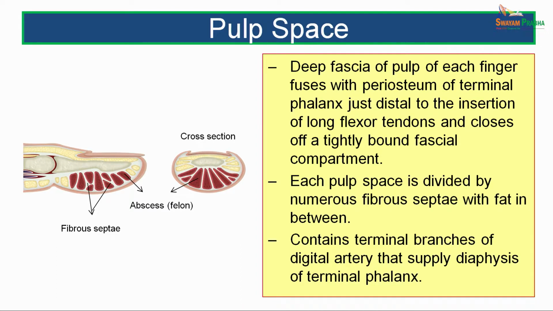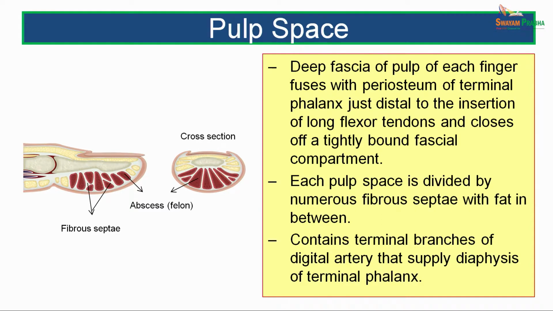So, the deep fascia of the pulp of each finger will fuse with the periosteum of the terminal or the distal phalanx just distal to the insertion of the long flexor tendons, and thus it closes off a tightly bound fascial compartment which is known as the pulp space.